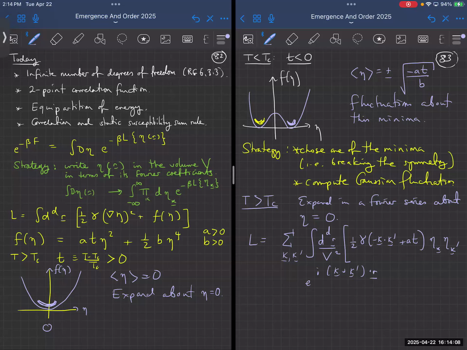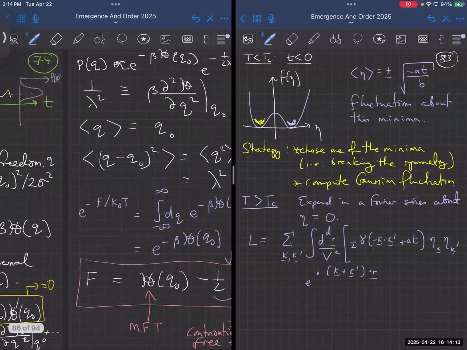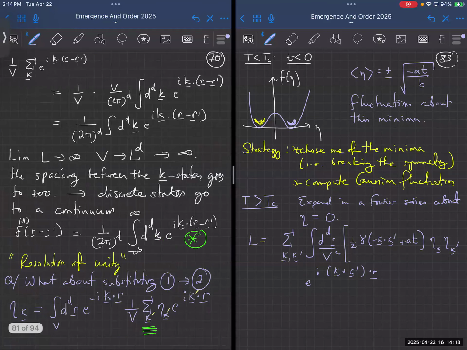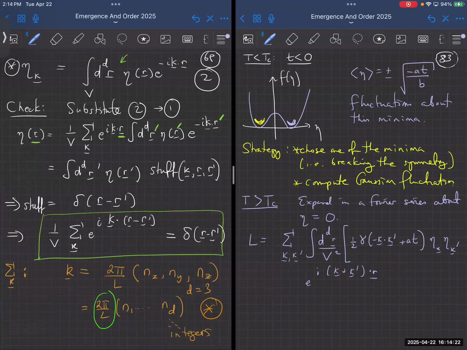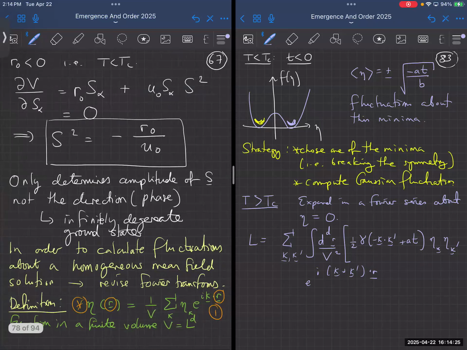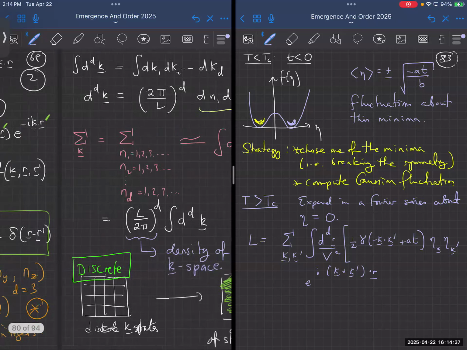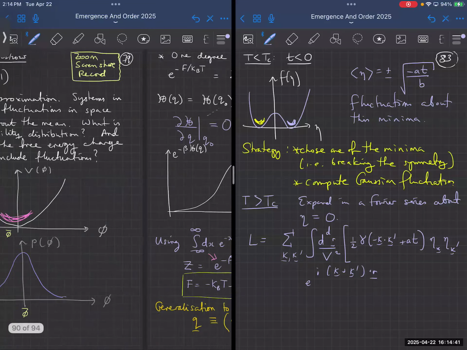So all I've done is substitute in the definitions of the Fourier transform that I wrote down last time, somewhere over here. So all we've done is substitute in the definitions up here at the top of the page. Eta of k is equal to that. So we've simply substituted back in, eta of r is the reverse Fourier transform, and we've substituted that back in.